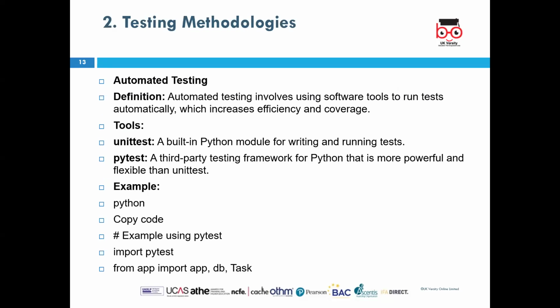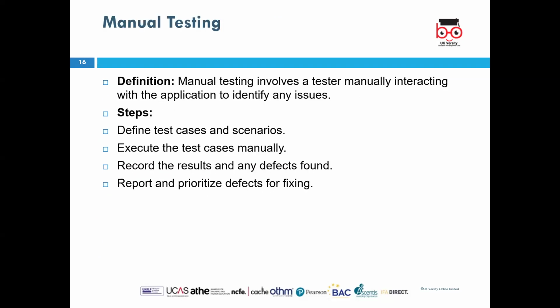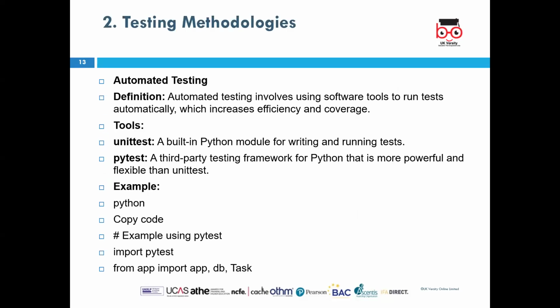Testing methodology again. What is the testing methodology? We have different types of them. We have automated testing, which involves using software tools to run tests automatically to increase efficiency and coverage.